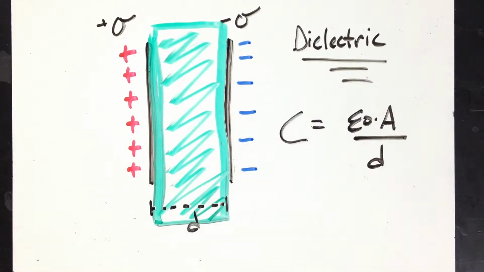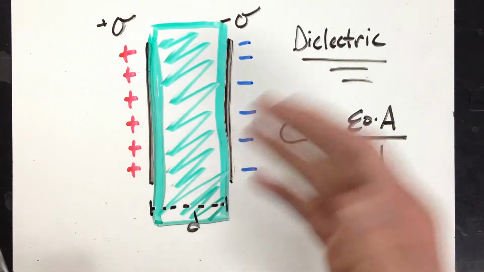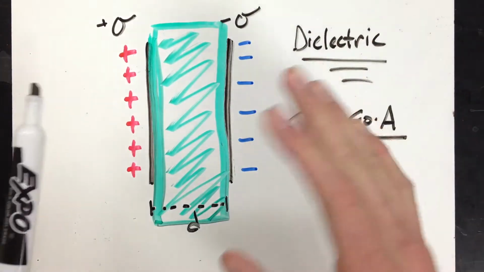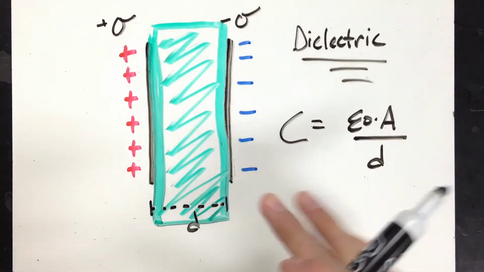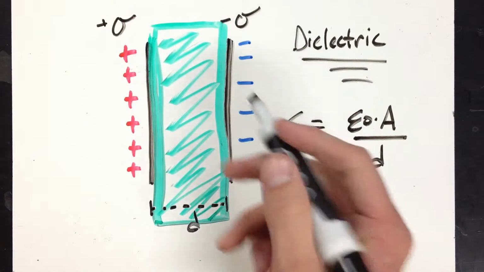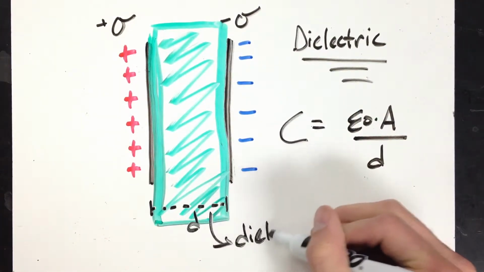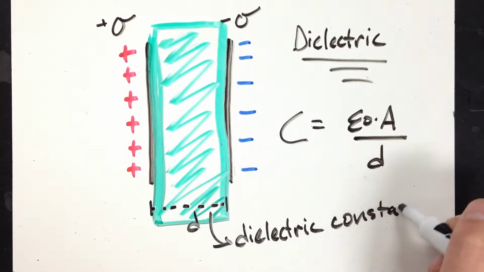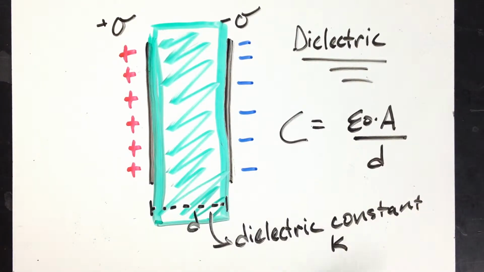And then epsilon naught is the vacuum permittivity constant, and we use that because I had air in between my plates more than likely, and air does not differ very much from the vacuum of space when it comes to its permittivity. So now that I've got this plastic in here, it has a certain dielectric constant associated with it. And that dielectric constant is just shown as a K value.